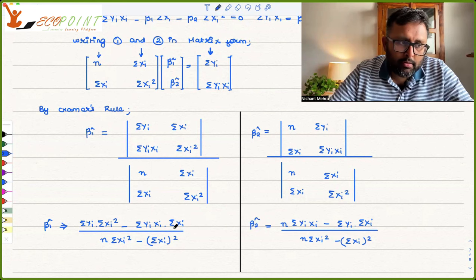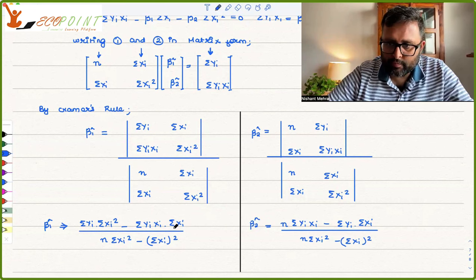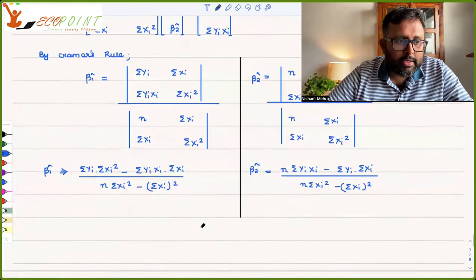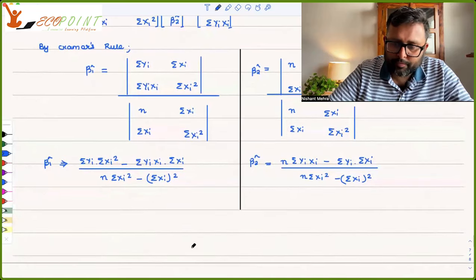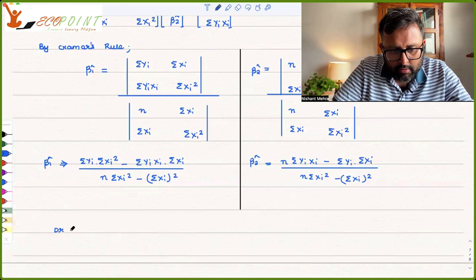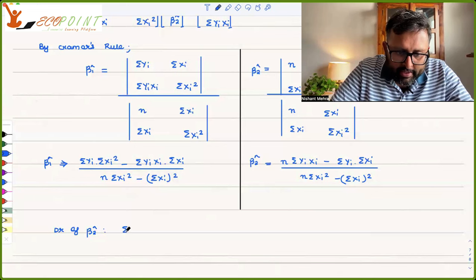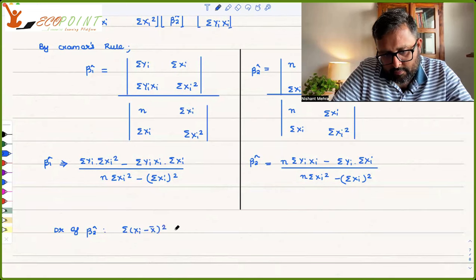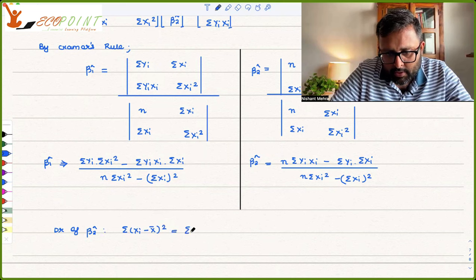But we will be opening this up properly. So let me tell you one thing. If I want to write, just look at the denominator of beta 2 hat. So let's say I open this up. What will this be?